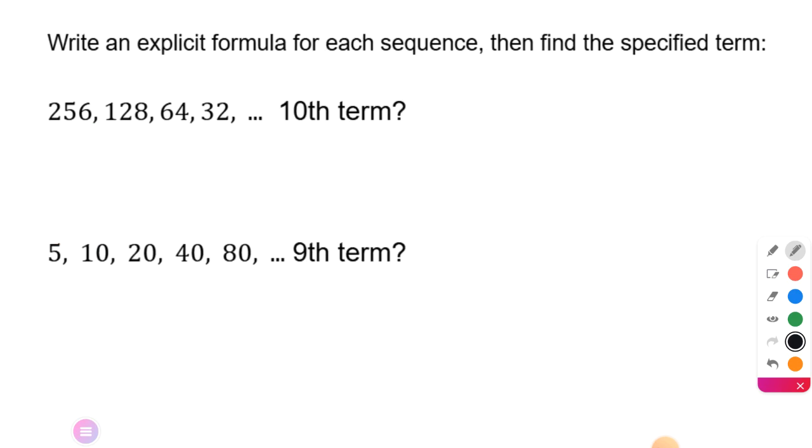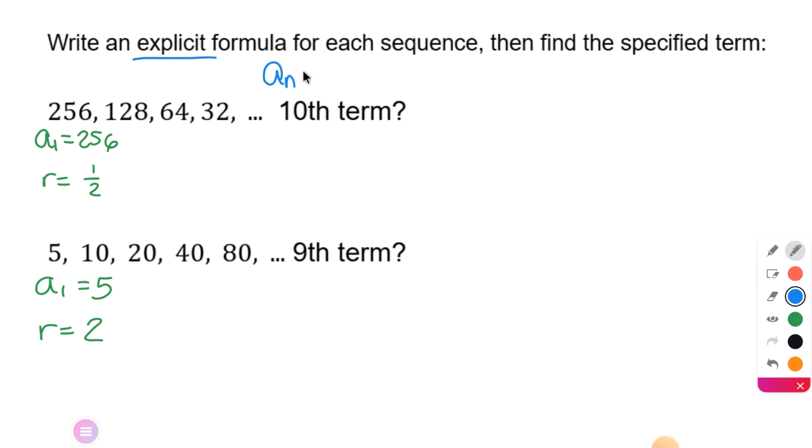All right, let's do some explicit formulas. So these are actually the same sequences we had before. So we know our first term was 256, and we know our ratio was 1/2. First term was 5, ratio was 2. Well, we want the explicit formula, which says a sub n equals a1 times r to the n minus 1.